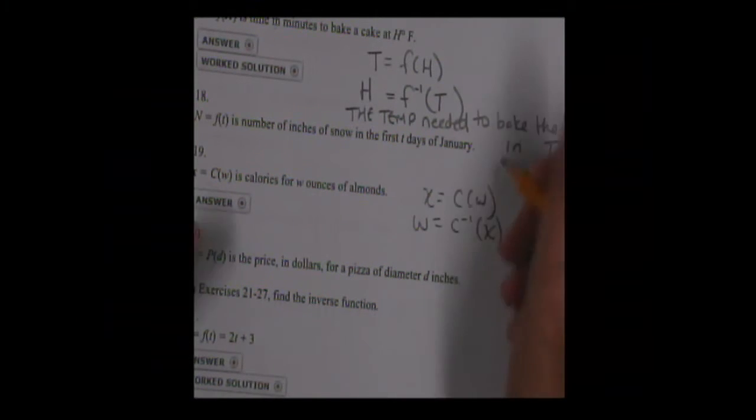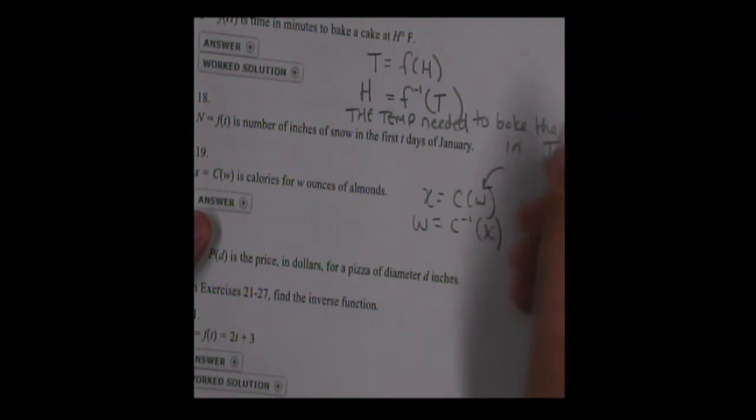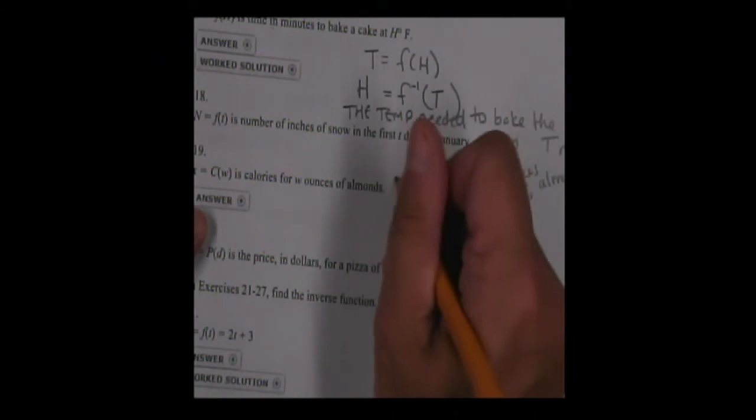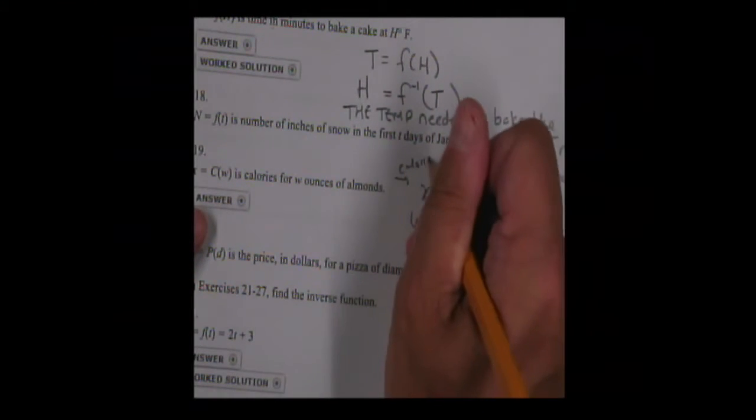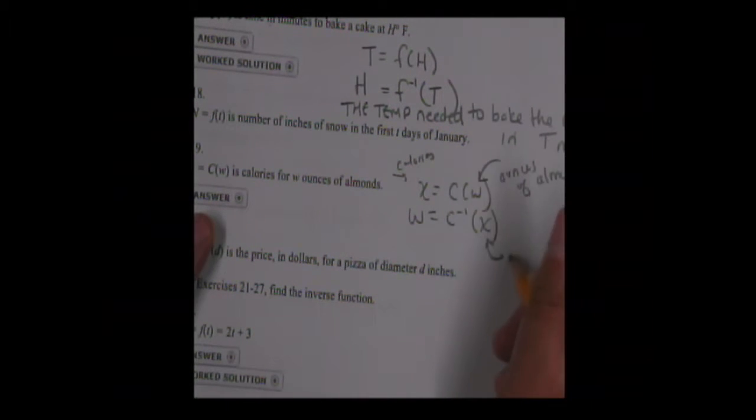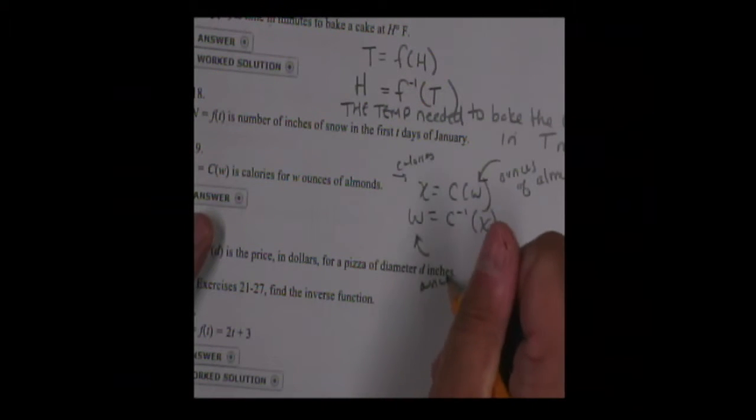And this one actually here is the ounces of almonds, and this gives us the calories. So the original is saying, you tell me the number of ounces and I will output the number of calories. Well, this one's the reverse. This one is, you tell me the number of calories, and I'll tell you the number of ounces.